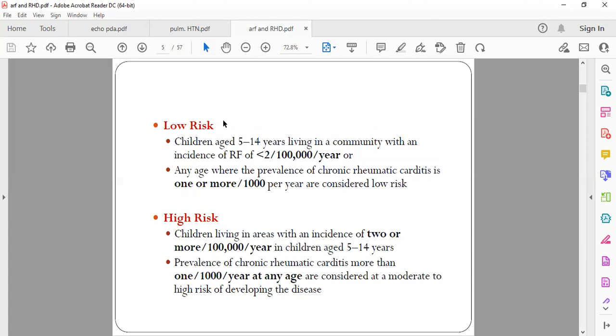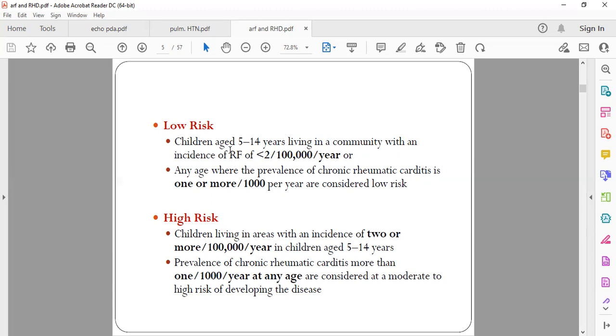There is a terminology which is important to know, because the diagnostic criteria of rheumatic fever depend upon low risk areas and high risk areas. A low risk area is any country or place where the incidence of rheumatic fever in children of age group 5 to 14 years is low, because children of 5 to 14 years commonly get infected.